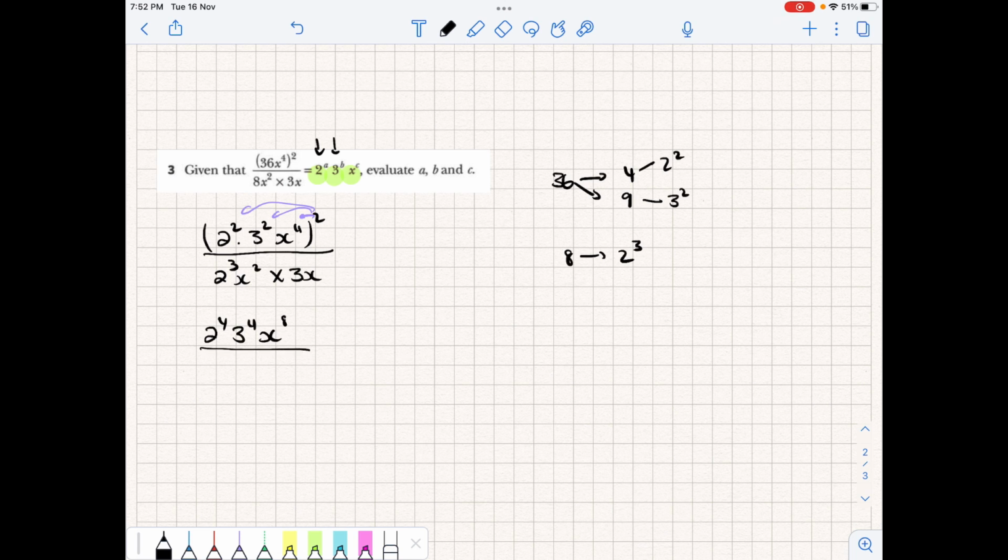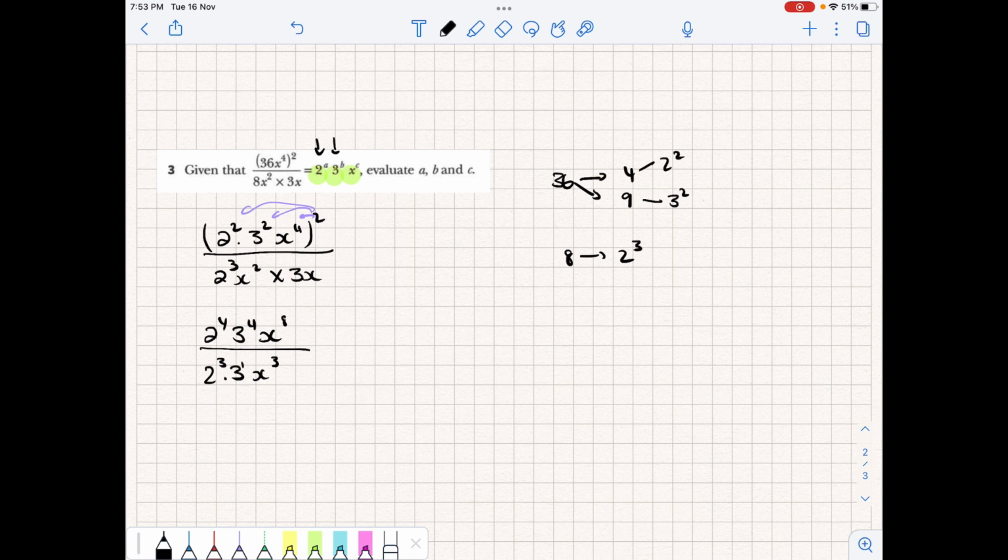And we'll divide all of this by, well, we're multiplying on the bottom. So we're going to have 2 cubed, 3. There's only one 3. We have x squared times x. So we're multiplying the same base, so we can add the exponents and we'll get x cubed.